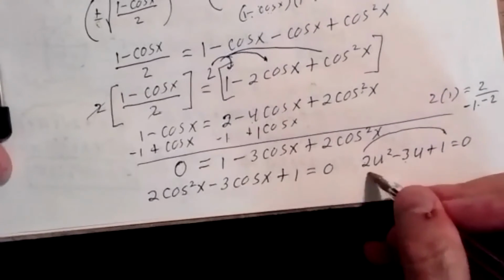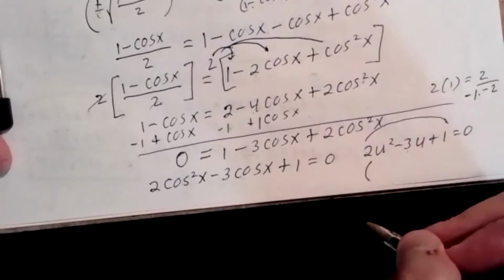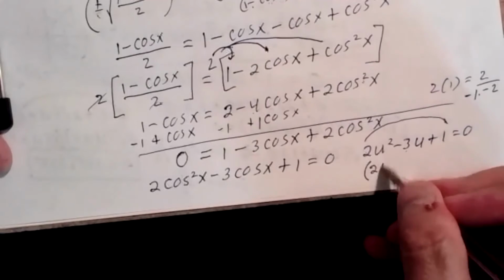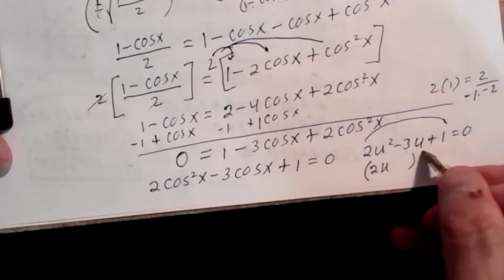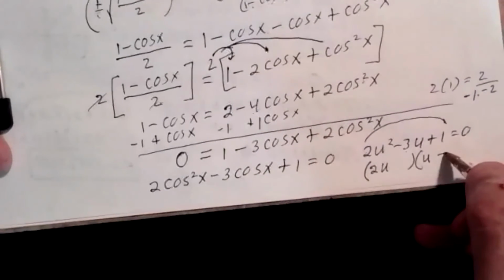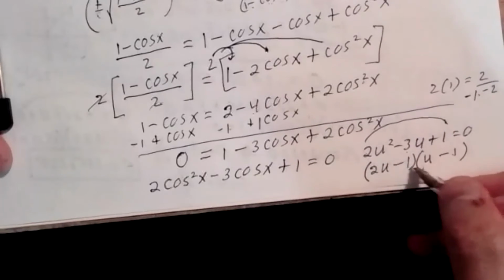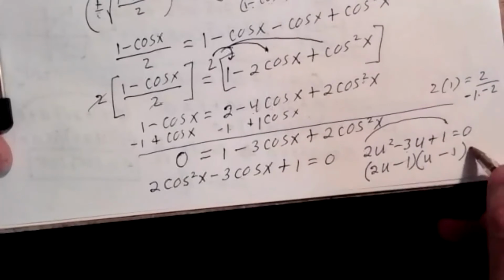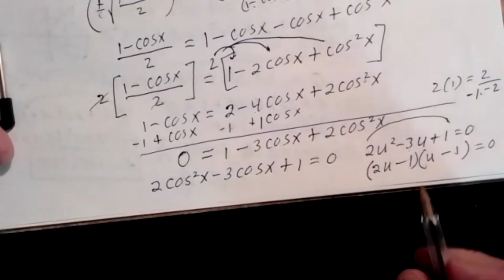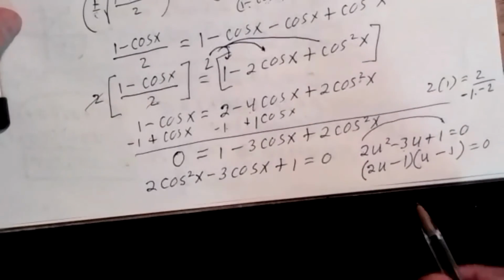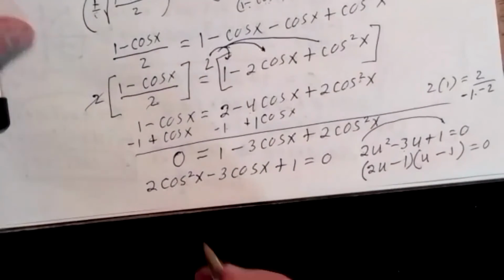How does it factor? Well, I think it's going to have to be 2u times u minus 1. That'll give you negative 2u plus another minus u will give you negative 3u. So that's how that will factor. So this left side is going to factor in a similar way.